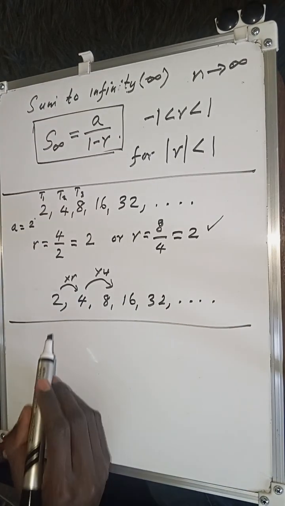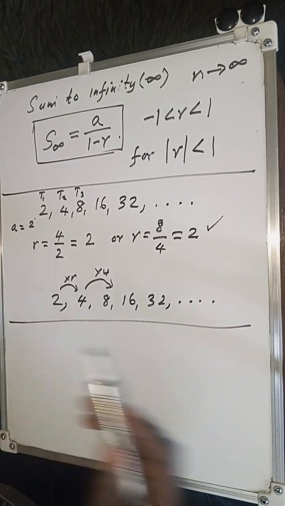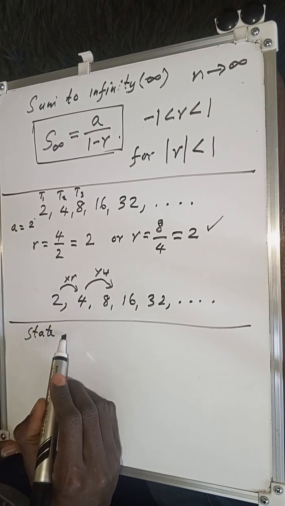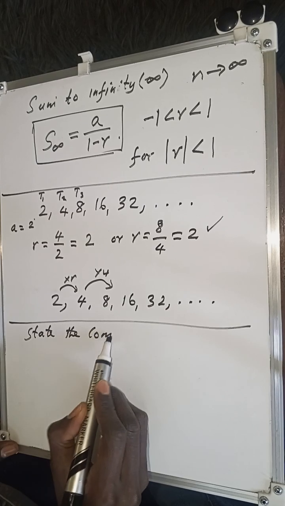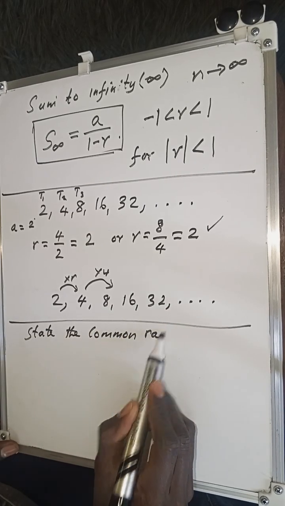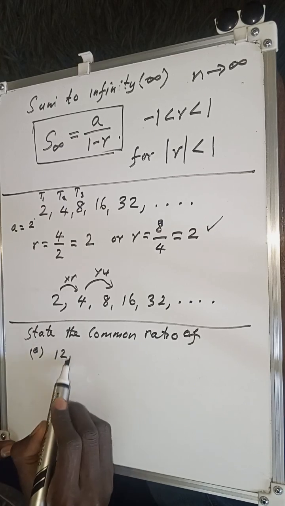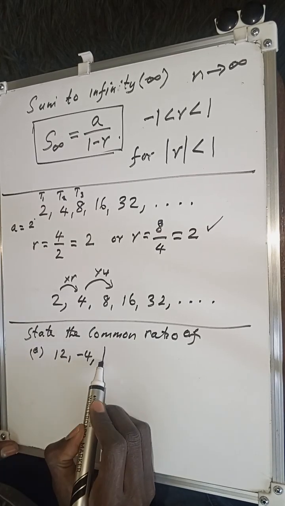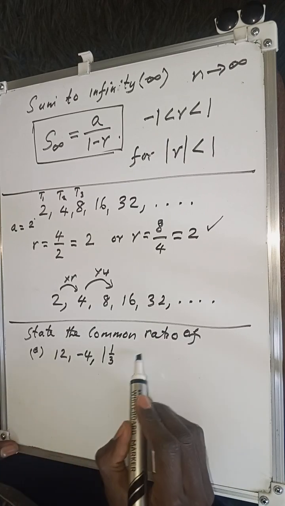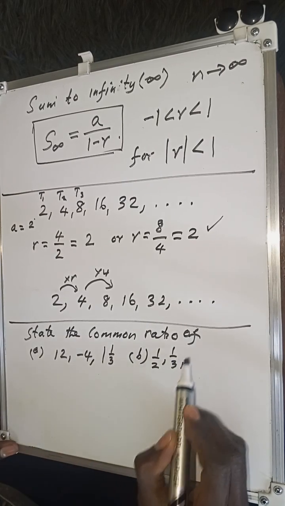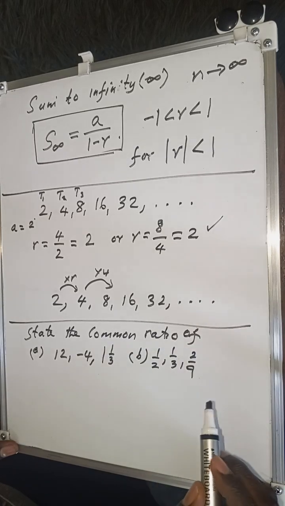Well, let's look at some other quick examples and see how you can find the common ratio. For example, I can tell you to state the common ratio over, let's say A, you have a sequence 12, -4, 1, -1 over 3. Then maybe B, you have 1 over 2, 1 over 3, and 2 over 9.